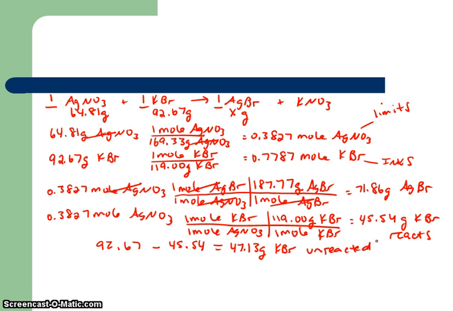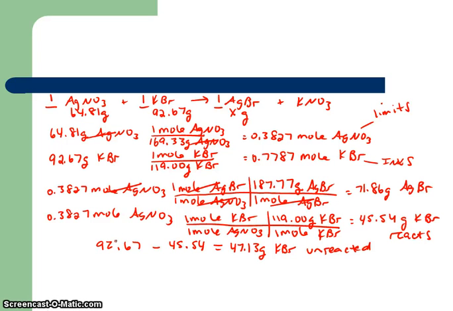Now, this is kind of a way to check your answer as well, because if you come up with this number here, and it's greater than this number, then you flipped around what your limiting reactant and your excess reactant is.